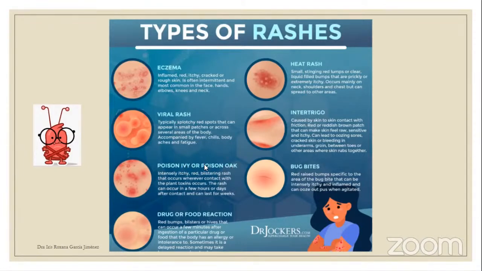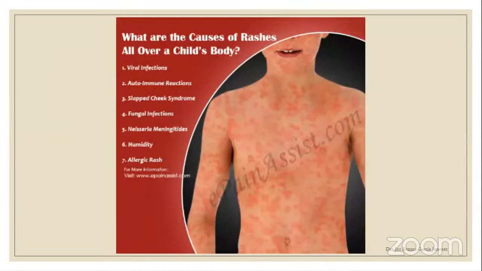Then we have the drug or food reaction. Then we get the heat rash. Now we have the intertrigo and then the bug bites. So read all of this information. It's very interesting. And it's the best way to catch and memorize information, just by reading.